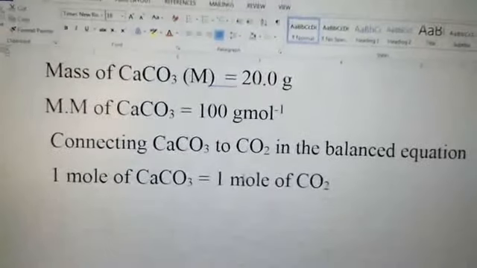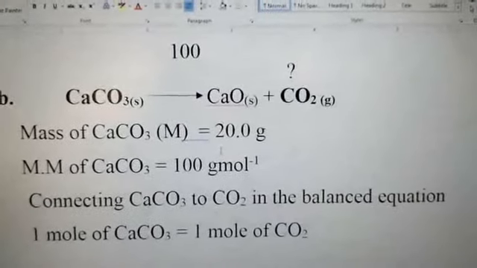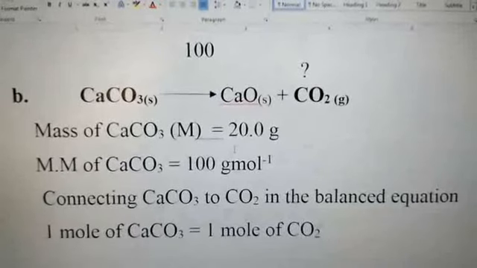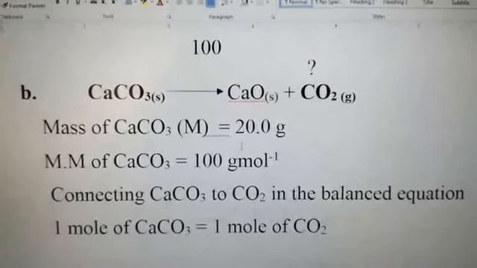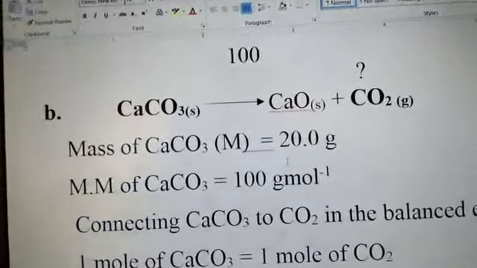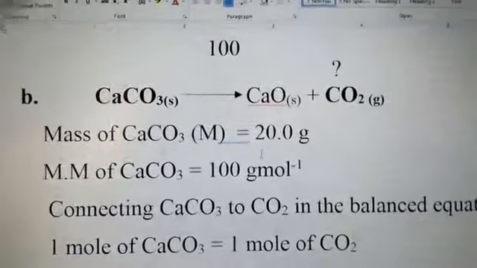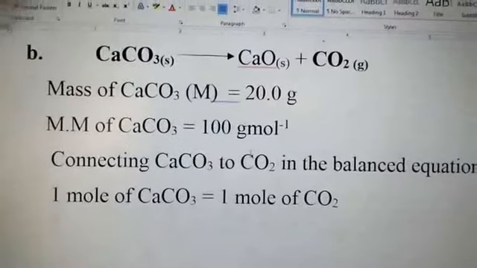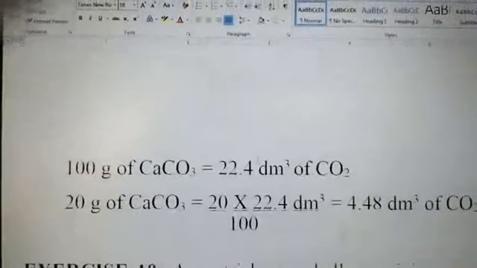Then connecting the calcium carbonate to CO2, the stoichiometric ratio of the moles is 1 mole of calcium carbonate to 1 mole of CO2. So we'll connect them from the equation. We'll now say 1 mole of calcium carbonate gave us 1 mole of CO2.